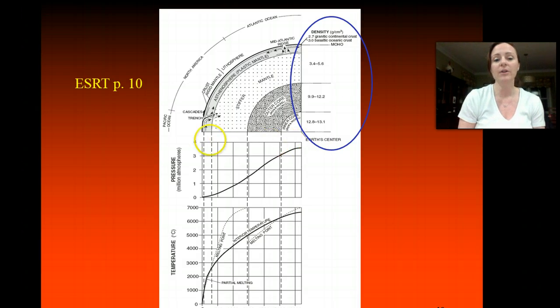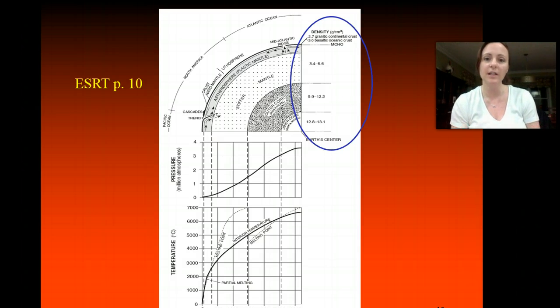Now I want to show you another way to use this chart, because it's not just the top portion that we can use to tell us information about each layer, but we can also look down and use the bottom part of this chart to help infer the pressure and the temperature within the Earth. Just going down from each layer, the dotted lines correspond to the layer at the top.